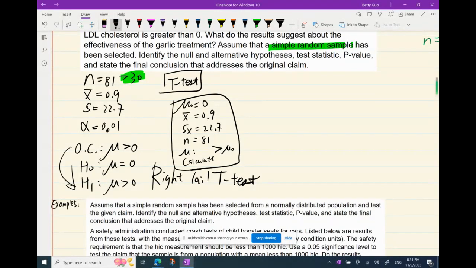Calculate. Okay, so I'm not going to write everything on the screen. I'm only going to write t, the test statistic, and the p-value. This is the test statistic, and this is the p-value from the calculator.